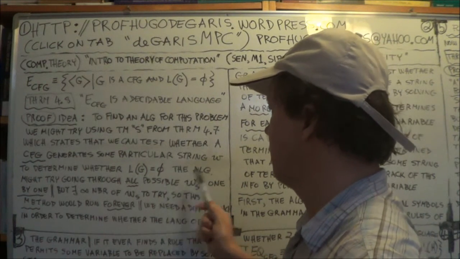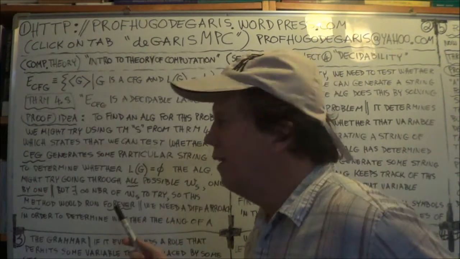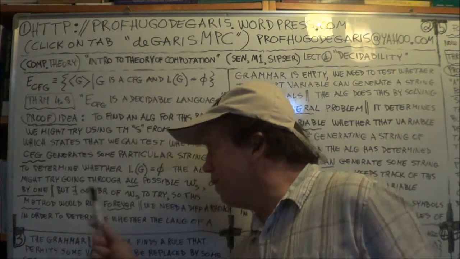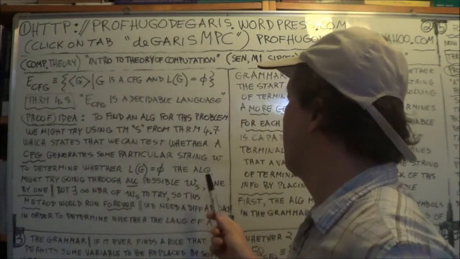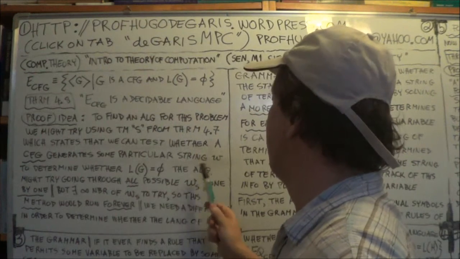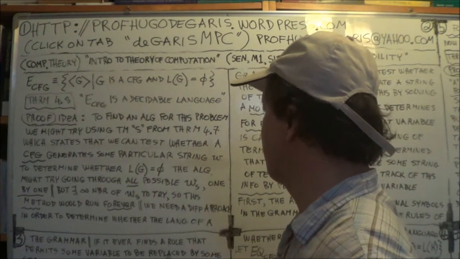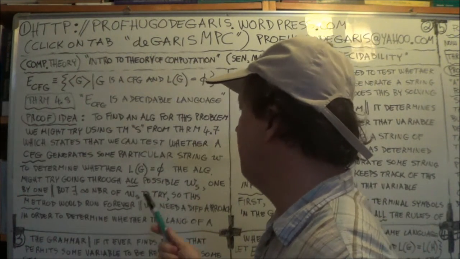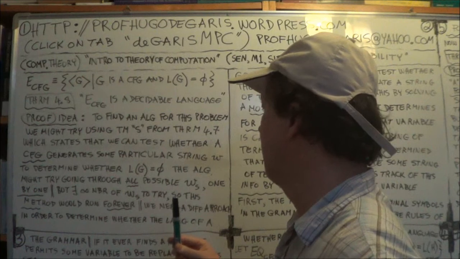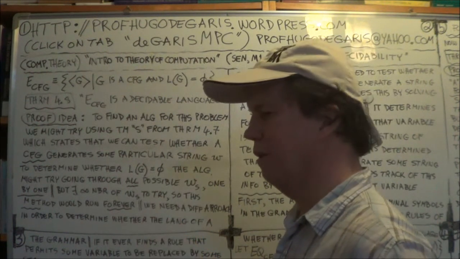Well, here's one suggestion, and it's sort of so silly, dumb. You may laugh at it, but it's just a lead into a smarter way of doing things. So one bad idea, if you like, is you just look at all possible strings, one by one, and see if the grammar can generate it.